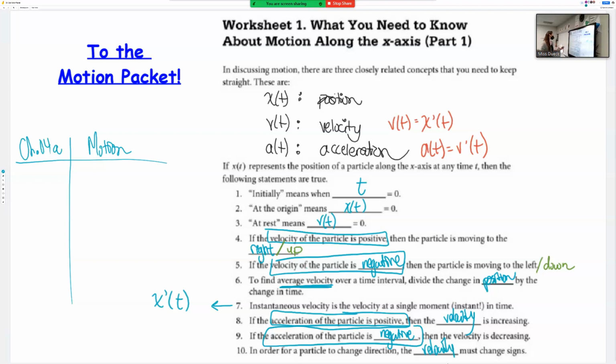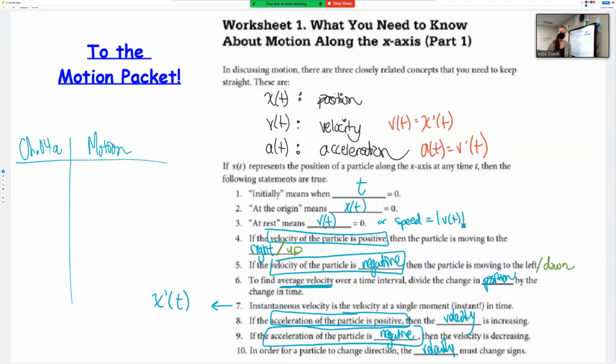Well, speed or velocity, so I guess we could say speed, which is the absolute value of velocity. Right or up, left or down. Change in position over change in time with a little baby formula. Instantaneous, I need a derivative, etc.